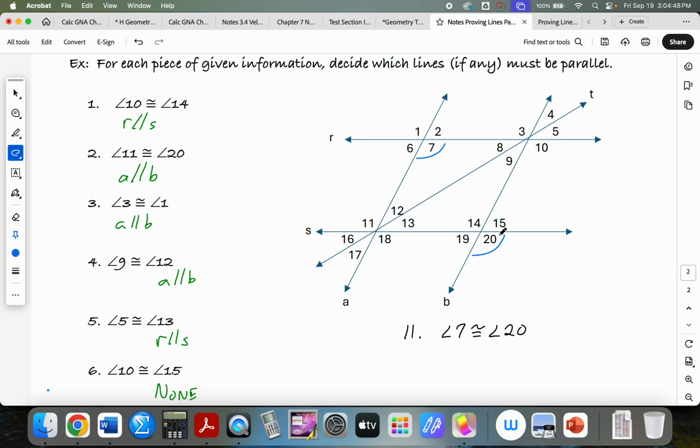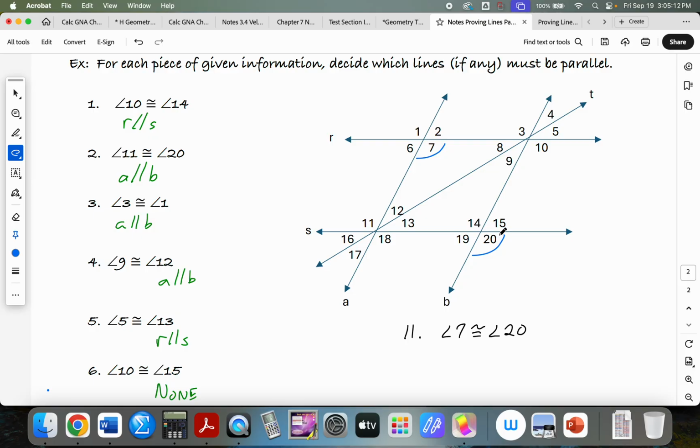What type of angles are 7 and 20? This is actually cool. 7 and 20 look like corresponding angles, right? So it was a trick question. Are they though?